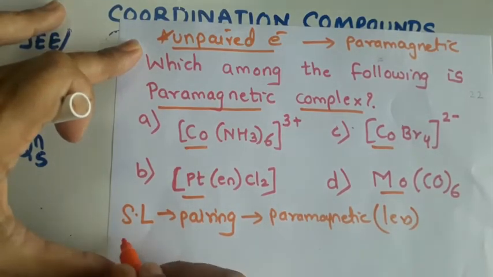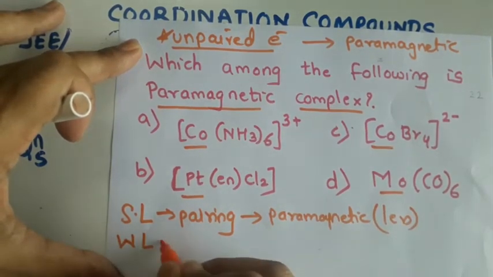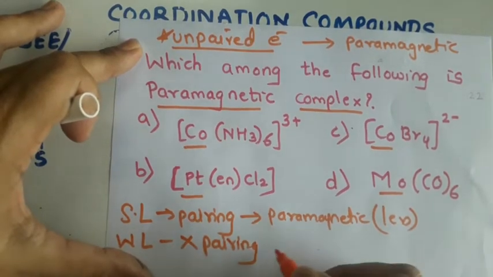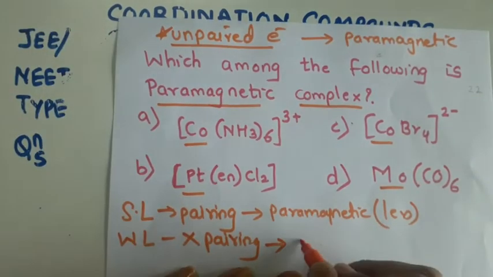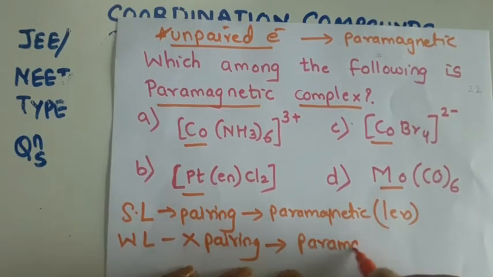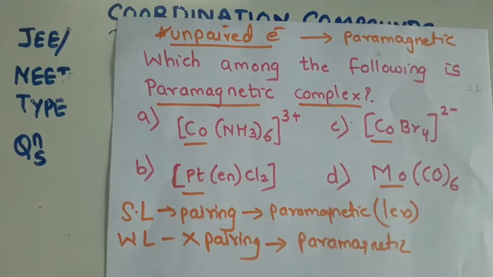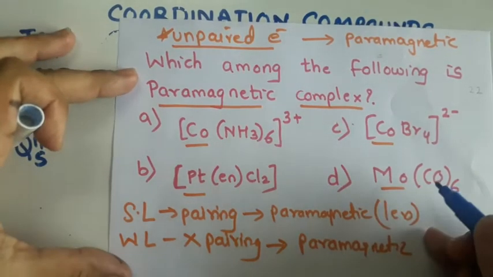But if it is a weak ligand, it will not lead to pairing and hence the compound is going to be paramagnetic. So if we are able to identify the type of ligand present in these compounds, we can crack this question.